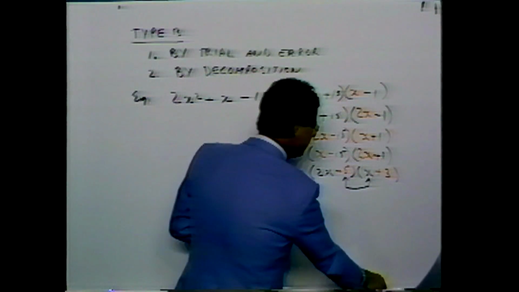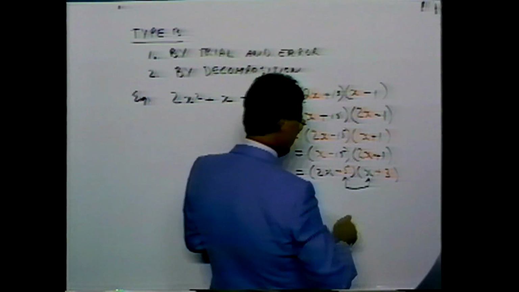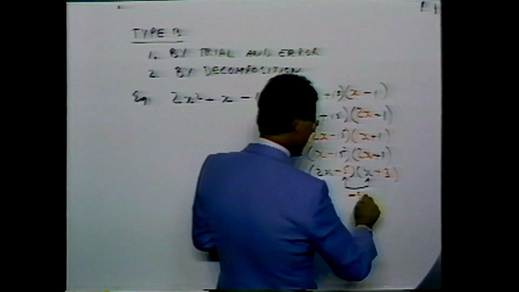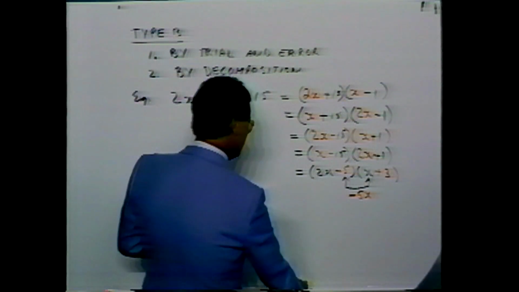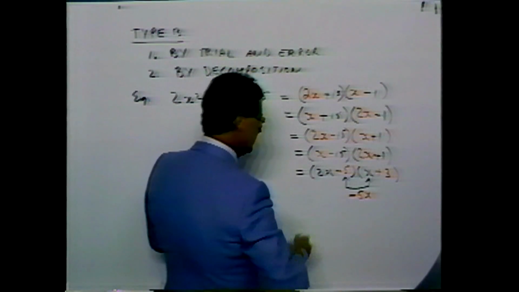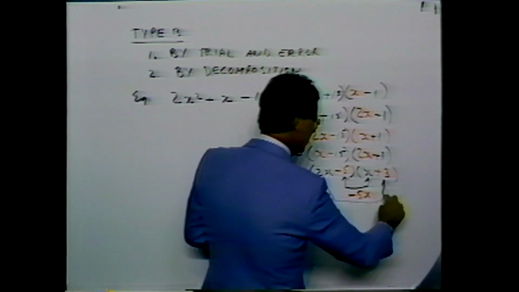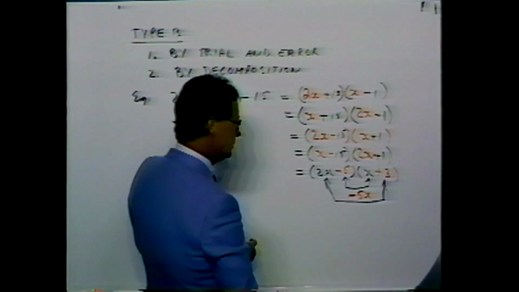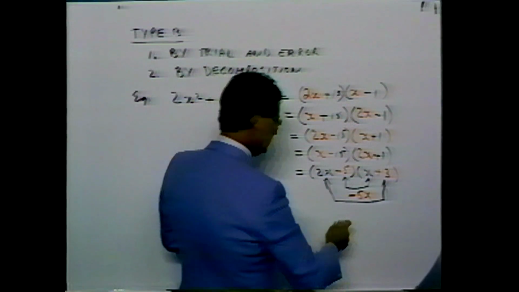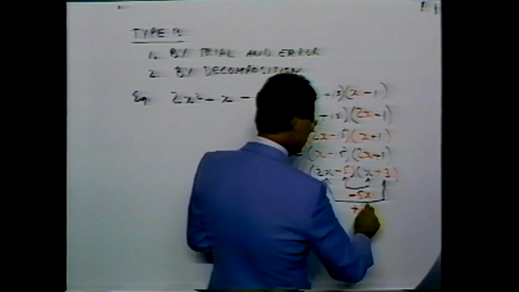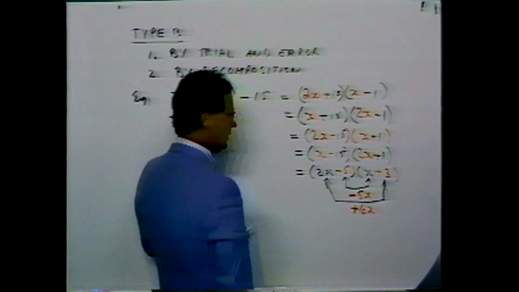That is minus 5x. We take the outside two and we multiply them, and the answer is plus 6x.